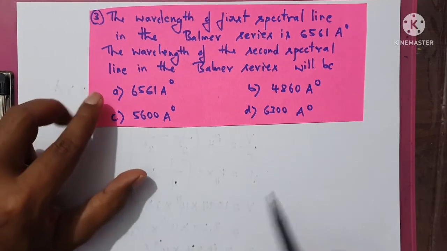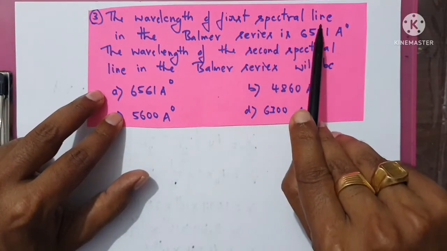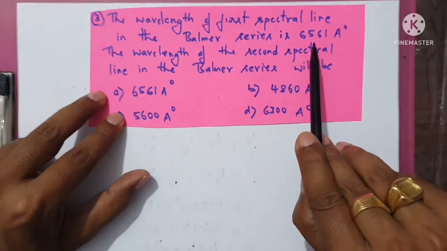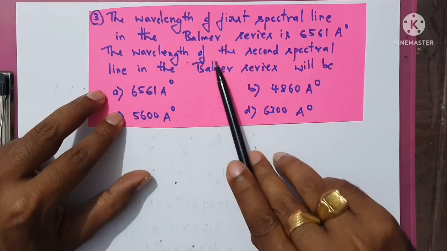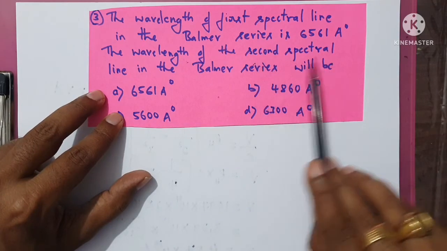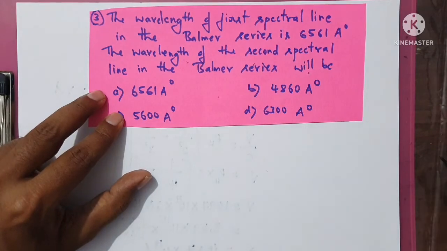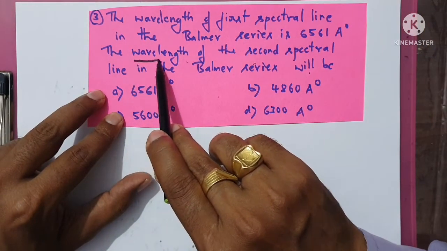In the third question, if you observe, the wavelength of the first spectral line in the Balmer series is 6561 angstrom. The wavelength of the second spectral line in Balmer series will be dash. So in this question, they are asking you to find the wavelength.